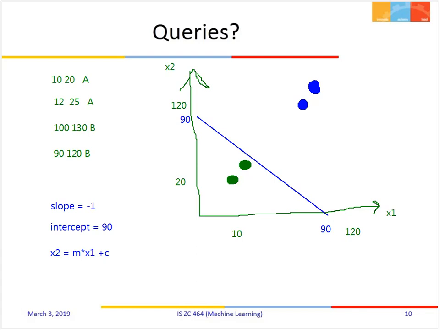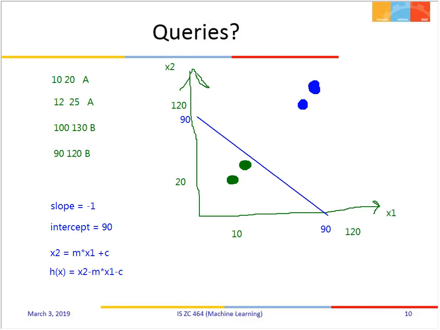Fit in all these values, or rather you first define your h of x. This is equivalent to x2 minus m star x1 minus c, right? I have taken this as h of x, where x is a feature vector defined by x1, x2.